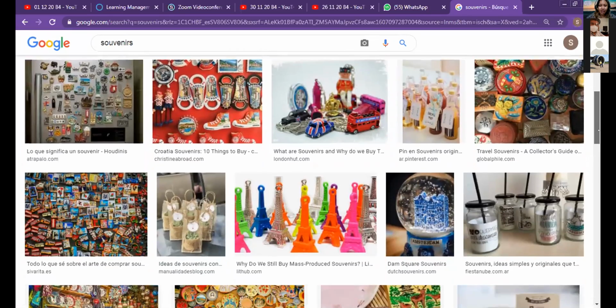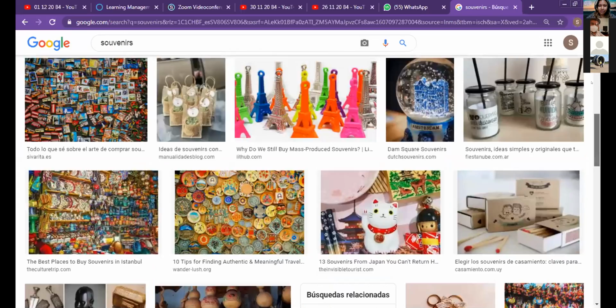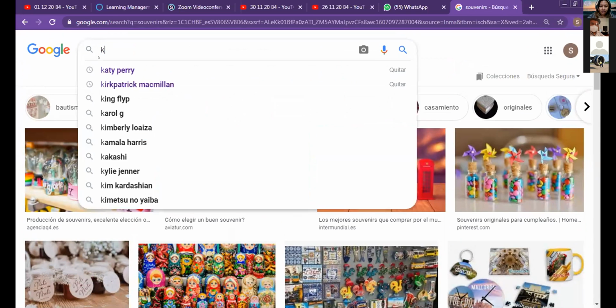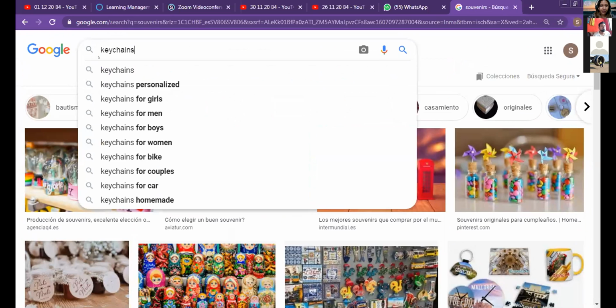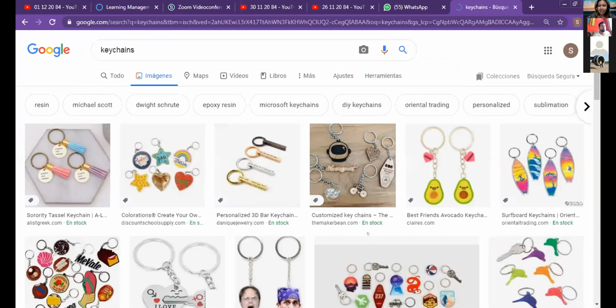Souvenirs like keychains are very common souvenirs. Yes, I understand. Okay. Very good.